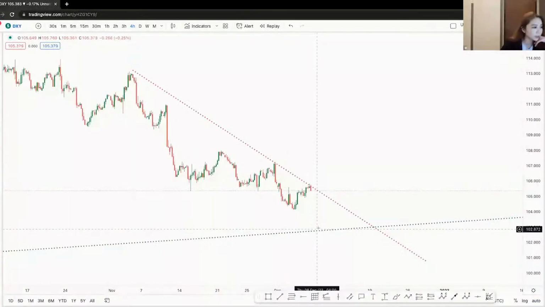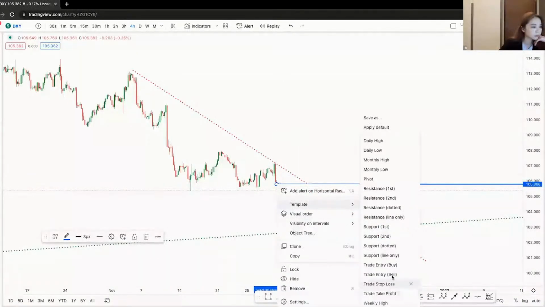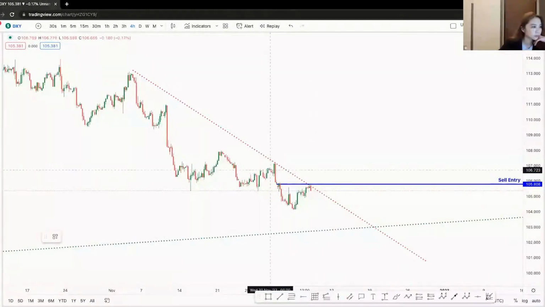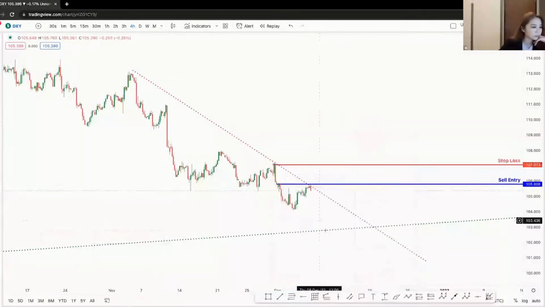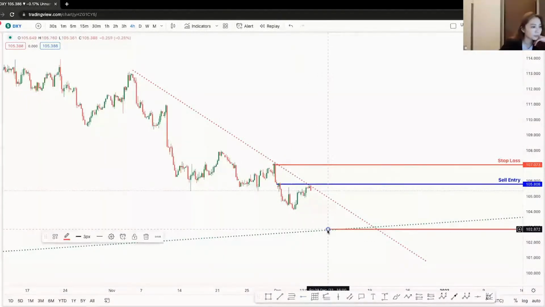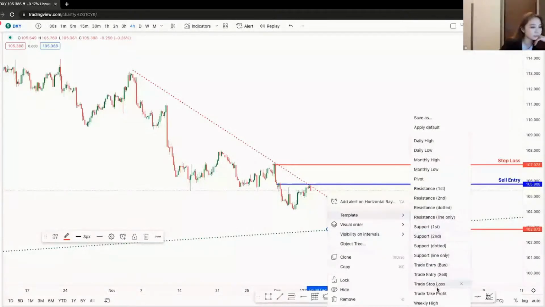Short-term downward, we can look at long-term upward, but let's do the downward first. I'm going in line with the trend line instead.